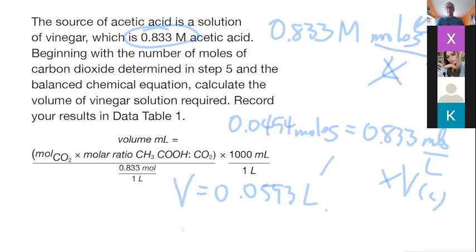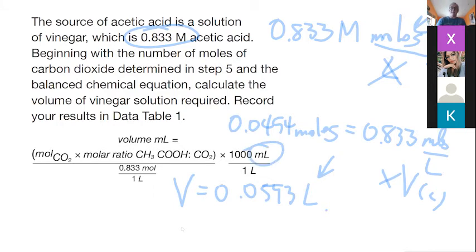0.0593 liters. But we don't really measure volume in liters in our lab, do we? We don't have a graduated cylinder in liters. What's the unit on the graduated cylinder? Milliliters, right.